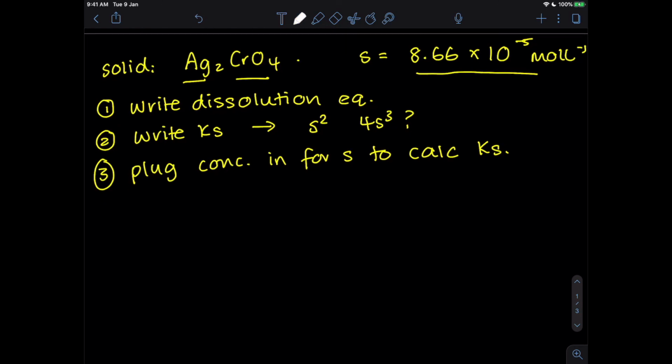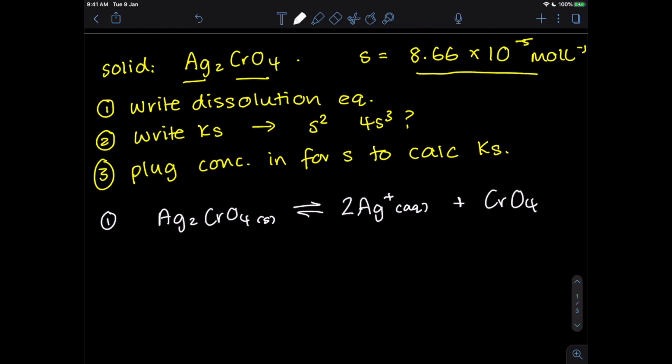So our dissolution equation, so we have our solid turning into 2 Ag+ and 1 CrO4 2-. So then from there, our Ks expression is going to be that we have got Ag+ squared multiplied by CrO4 2-.